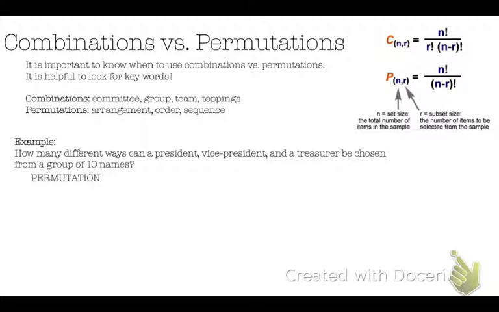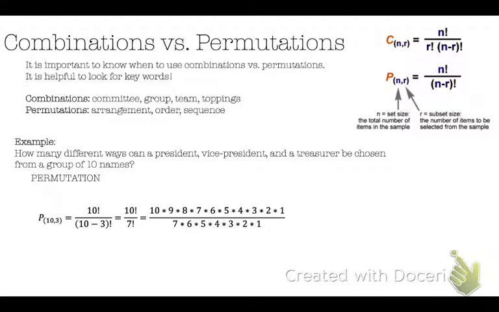So this is a permutation of 10 and 3, that's 10 factorial over 10 minus 3 factorial, which is 10 factorial over 7 factorial. And then we could write it all out. Those cancel, and that's 10 times 9 times 8, which is 720. So there's 720 different ways that someone can be president, vice president, and treasurer.